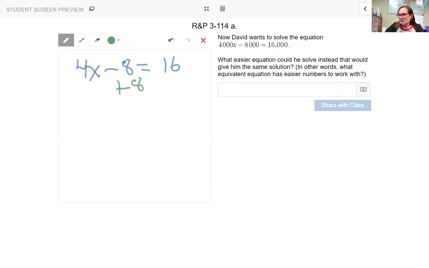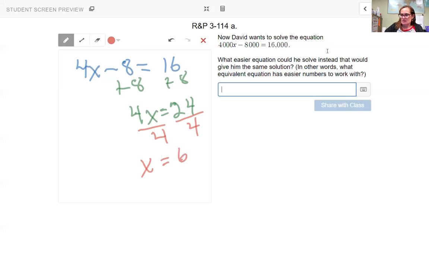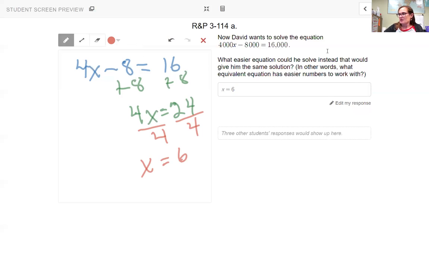We add 8 to both sides. 4x equals 24. Now we divide both sides by 4. And x equals 6. So that's the answer I put right here. X equals 6. Okay.